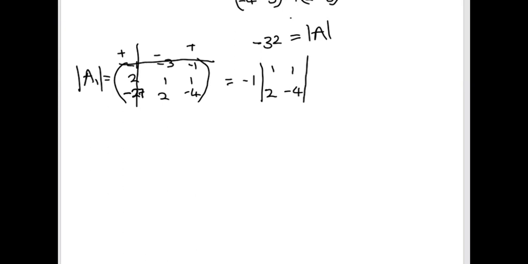Okay. And for the next, cancel out these. Here I have minus 3, 2, 1, minus 27, and minus 4. The last element here is minus 1.